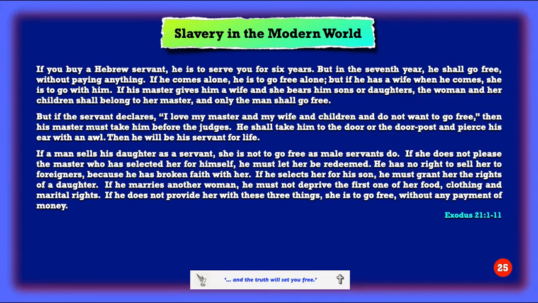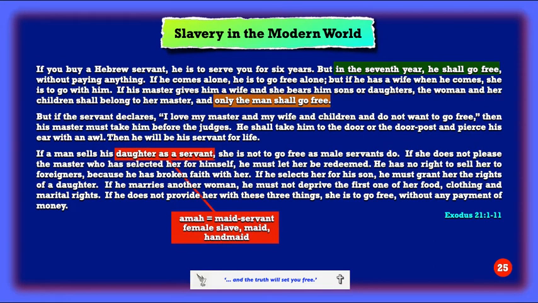Now that has been grossly misunderstood, and some parts of it are not easy. But going back to the beginning bit, fixed time limit. The word there is the word for a maidservant, female slave, maid or handmaid. It's not the word that we mentioned before.